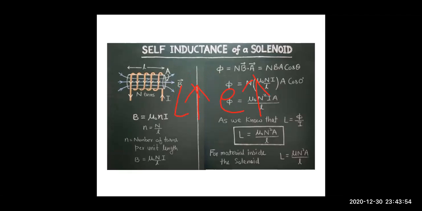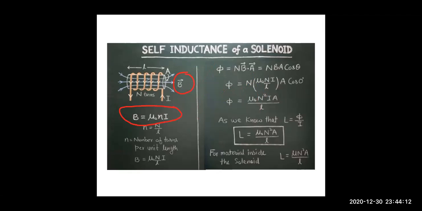And if the value of self-inductance is less, then the magnitude of EMF produced will be less, or the opposition to the change in the flow of current will be less. Right, children?